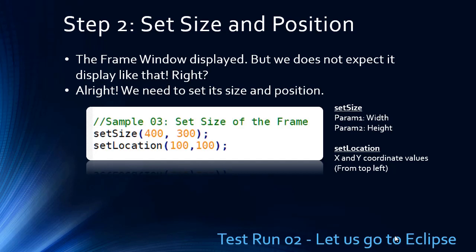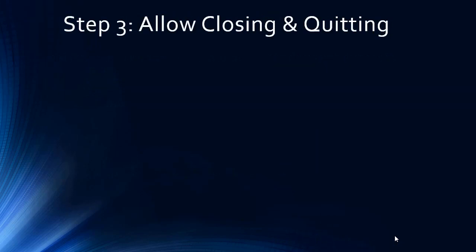That means width and height. Now we will see how to close the frame window. Why? Because every time we are going to task manager and killing that. Instead of that, when we click the red cross or the quit button, the frame window should close and the application should quit.